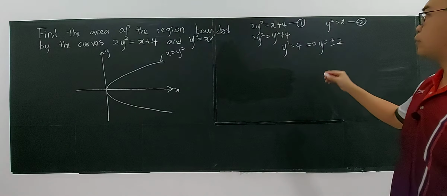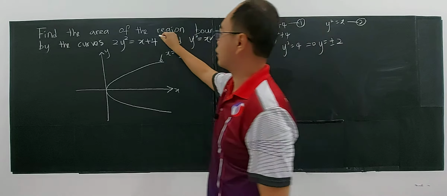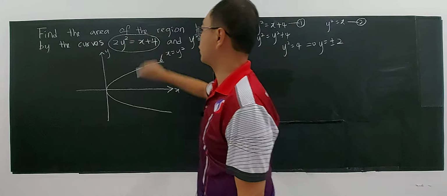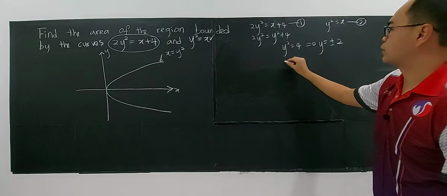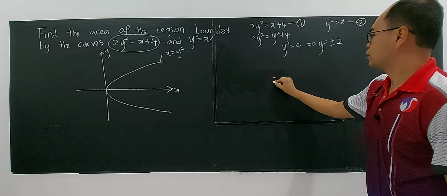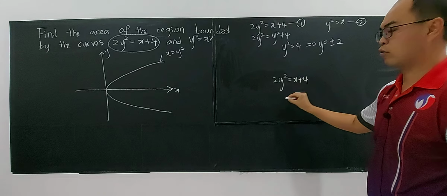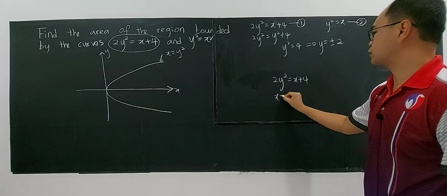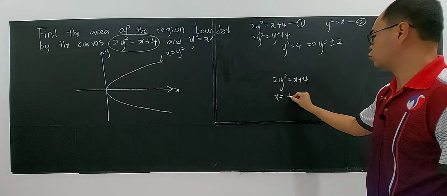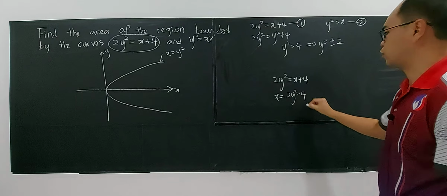So, okay, before that, let's see how to sketch this graph here. Usually I will do it this way. 2y squared equals x plus 4, and I convert this to x equals 2y squared minus 4, right?